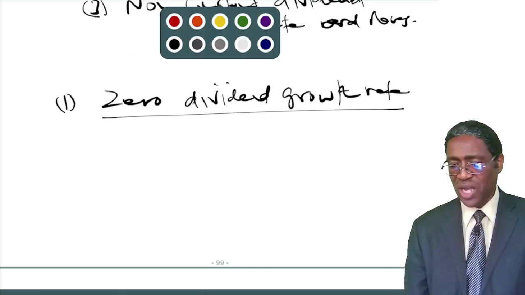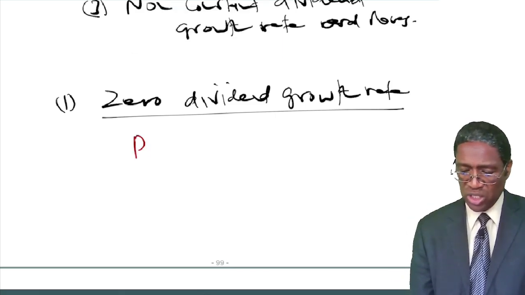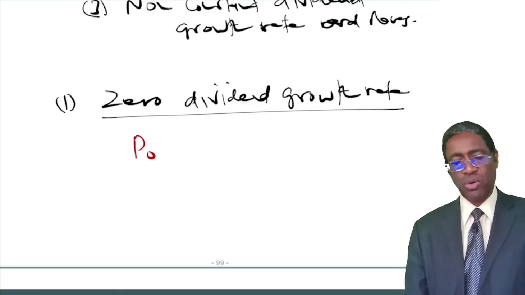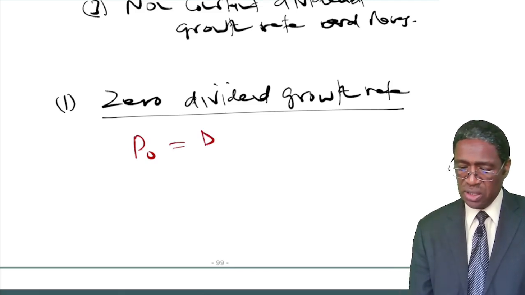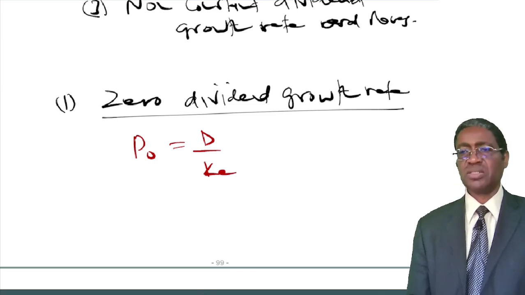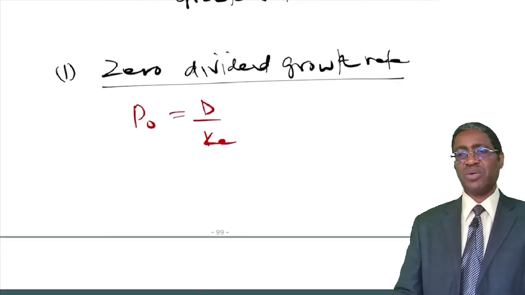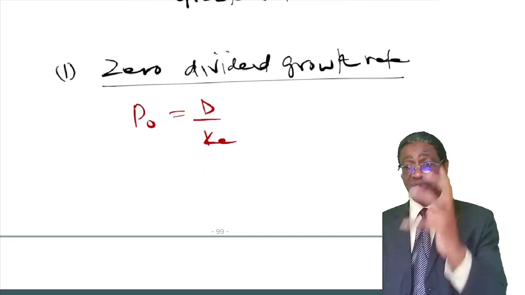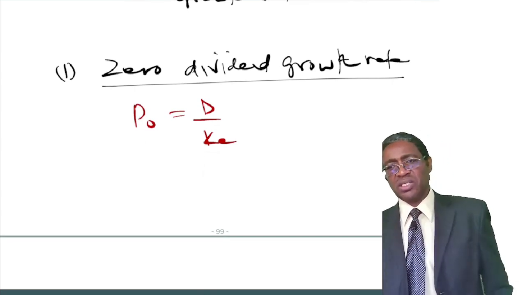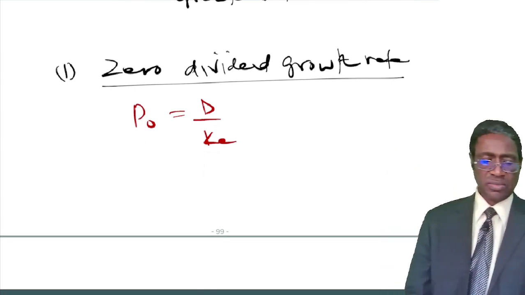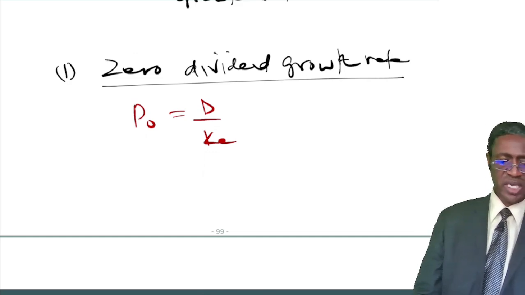This time I'm not going to ask you to recall. I'm just going to quote the formula directly. P0 equals D divided by KE. Just put down that formula: to get the value is D divided by KE.